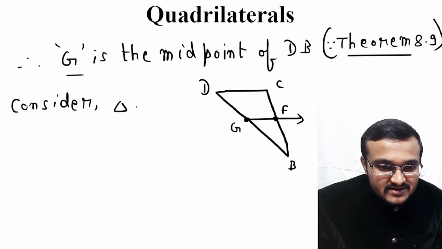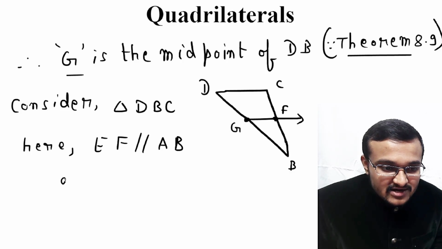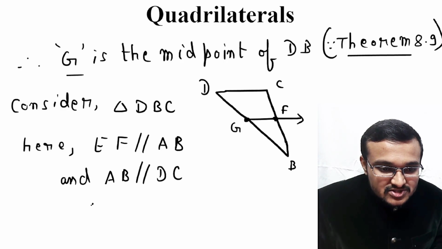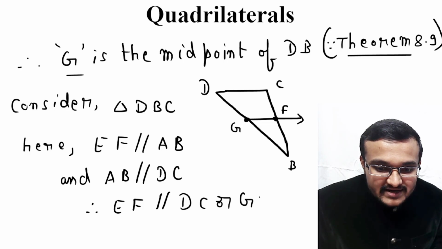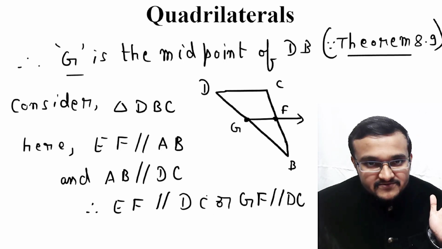So here consider triangle DBC. Here EF is parallel to AB, and AB is already parallel to DC. Therefore EF is parallel to DC, or you can write this as GF is parallel to DC, because G is lying on the EF line.